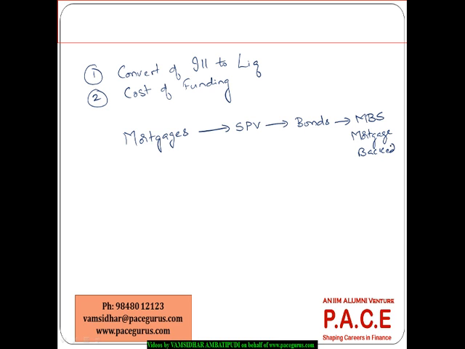And if the same is performed with respect to any other assets apart from mortgages, with the same logic, where the SPV has purchased those assets and issued bonds using them as the base, we call them ABS, asset-backed securities.